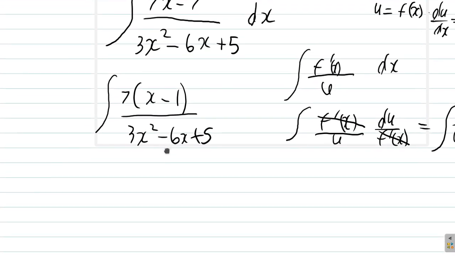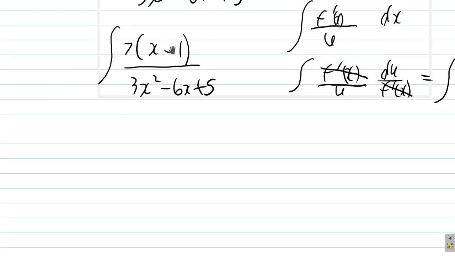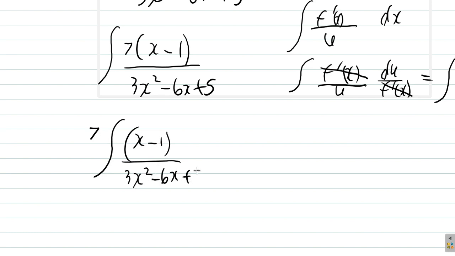This 7, if you integrate all of this times 7, is the same thing as 7 times the integral of all of this, right? So you have x minus 1 over 3x squared minus 6x plus 5. Oh, the dx. Let me put the dx.